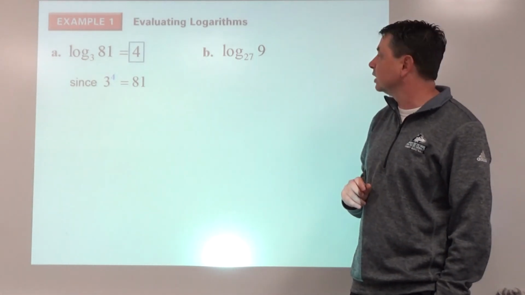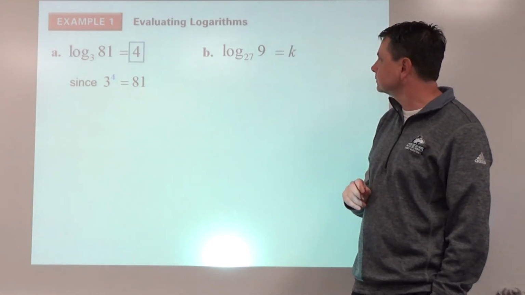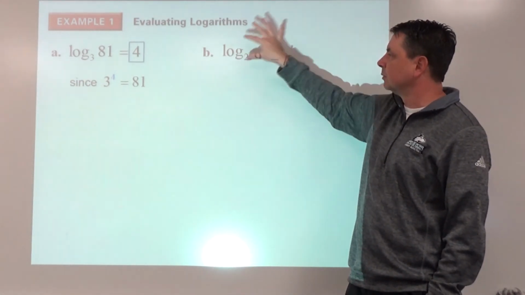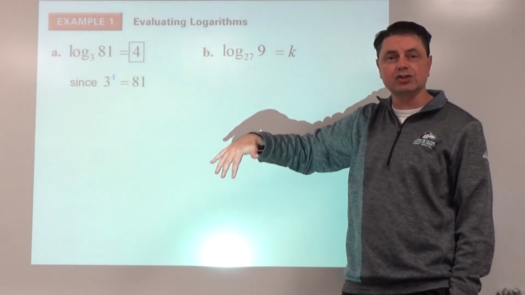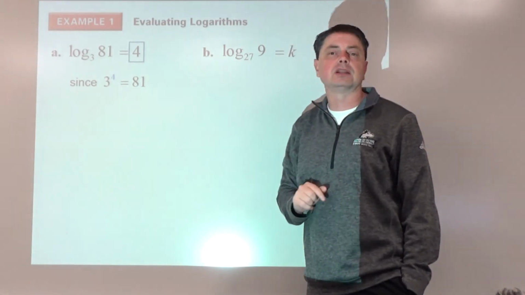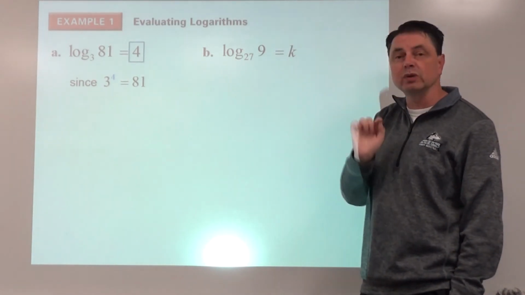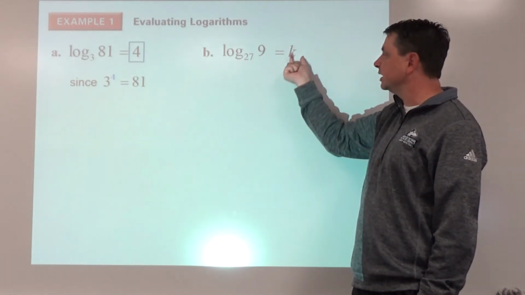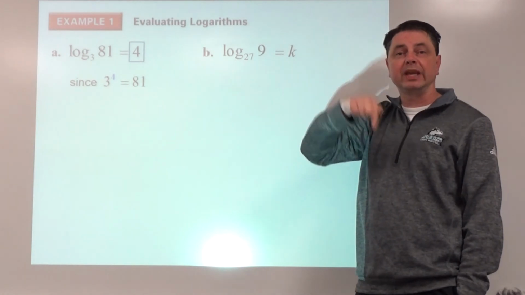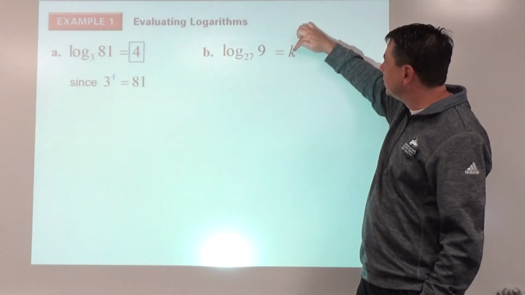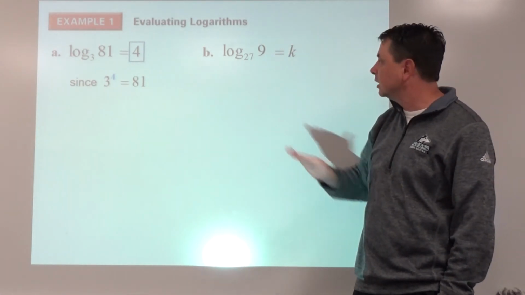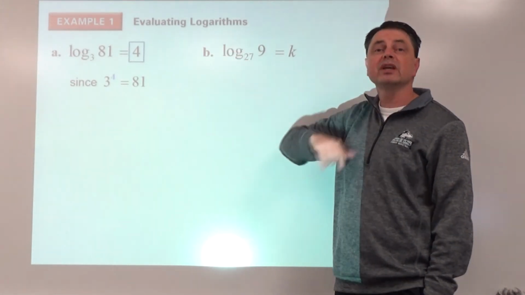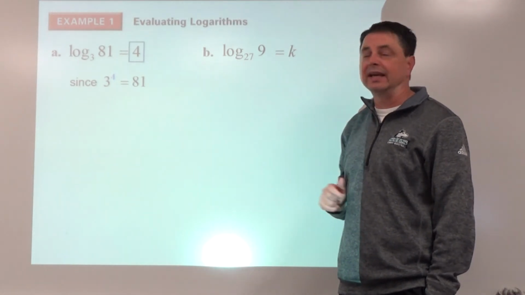We can turn this into an equation, and then we can rewrite this equation from log form into exponential form like we saw in the last slide. And the way we do that is we move the base. 27 is the base, so it's going to move to the other side. It's now going to become the base of the exponent. That bumps up the k to be the exponent. We're left with 9 on the left side. No more log anymore because we're writing it out of log form into exponential form.